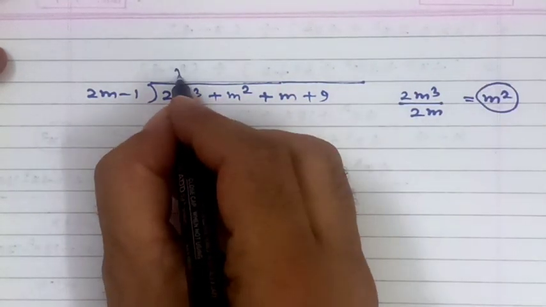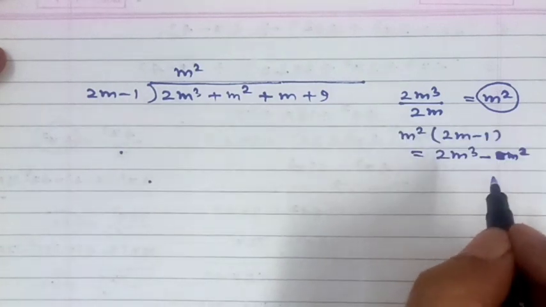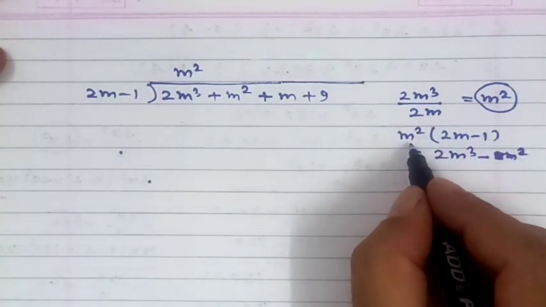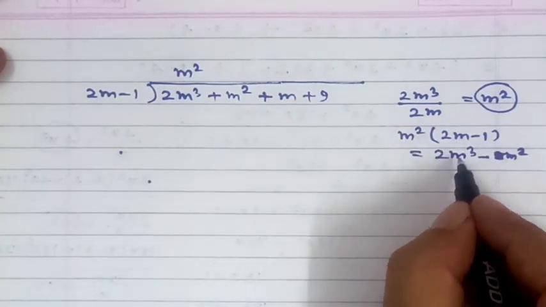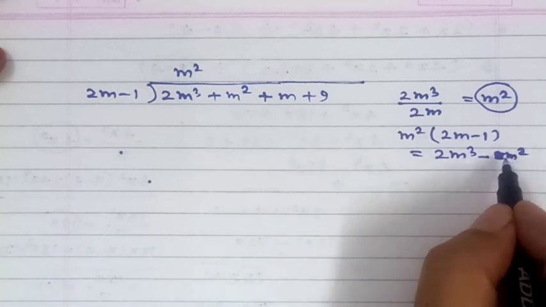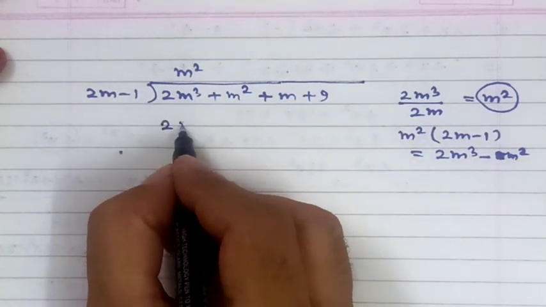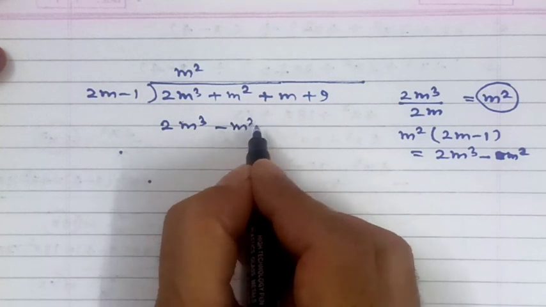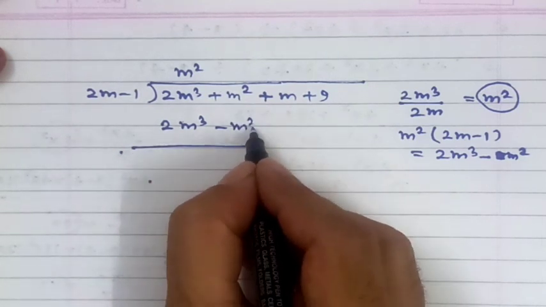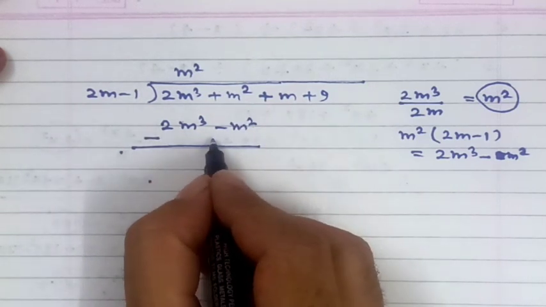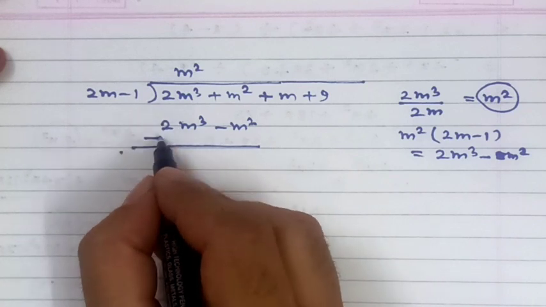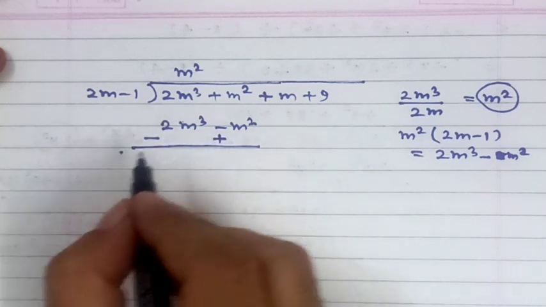This m square you can write here. Now multiply m square to 2m minus 1, you will get 2m cube minus m square. So write here 2m cube minus m square and then subtract.